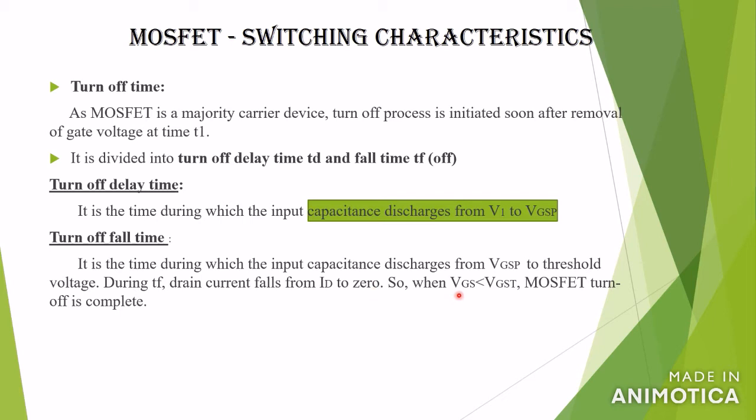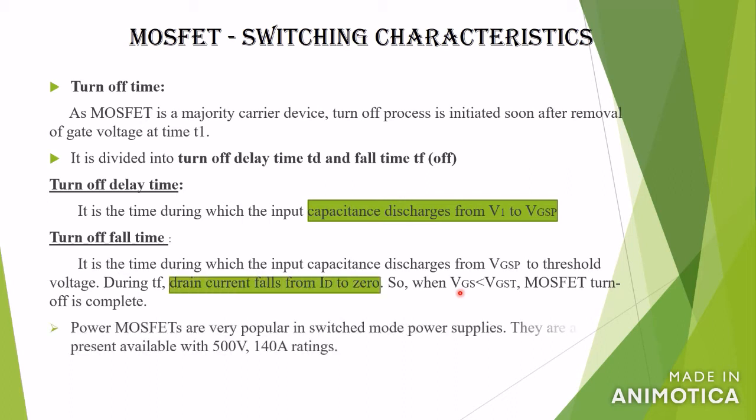Once the voltage becomes lesser than this threshold value, the MOSFET is said to be in completely off state. Now the turn off time is given by the sum of this turn off delay time and turn off fall time. These power MOSFETs are very popular in switched mode power supplies, and they are available with ratings of 500 volts and 140 ampere.